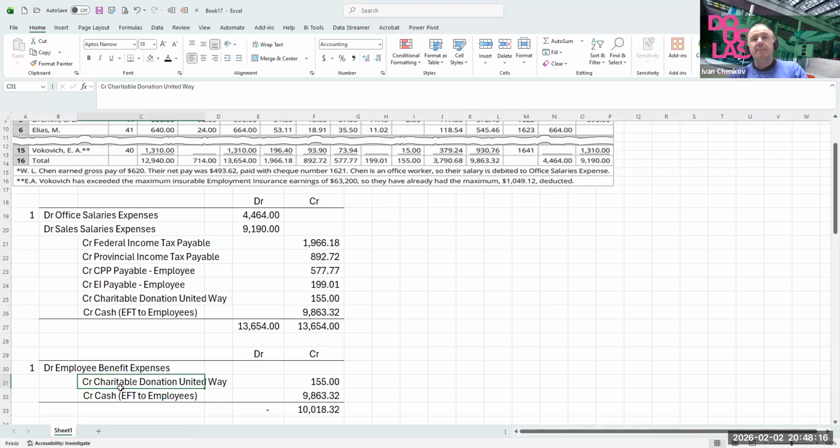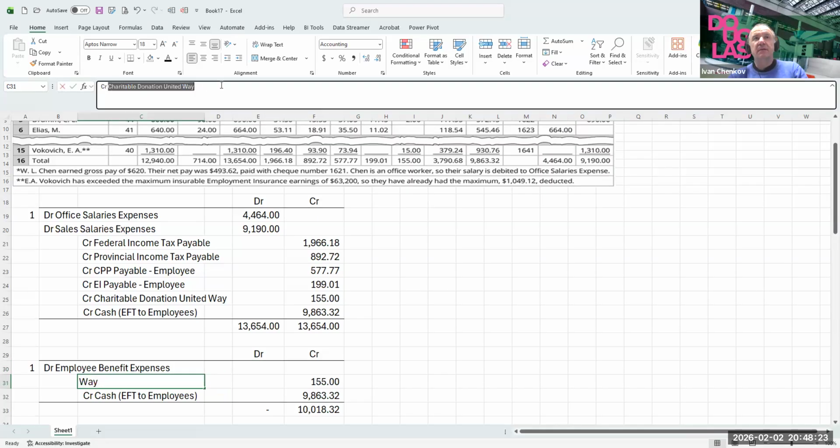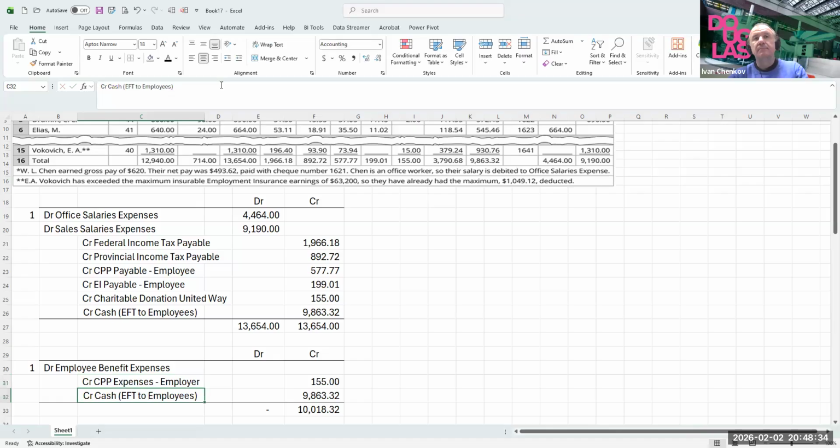Next thing. The employer has to match, as we said, Canada Pension Plan. Canada Pension Plan expenses, but that will be employer. And that amount has to be exactly equal to the Canada Pension Plan taken from the employee. Now, the next thing that we have to do is I'm just going to copy it like this.